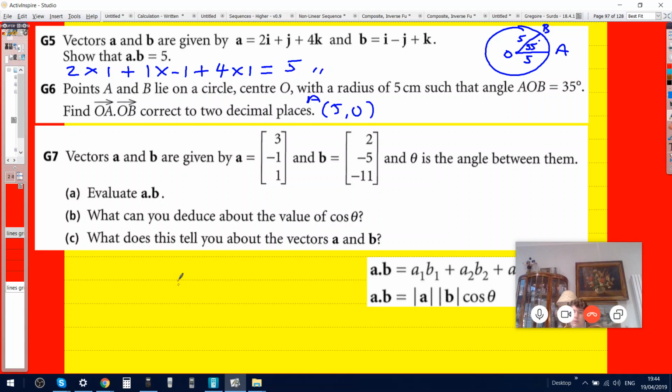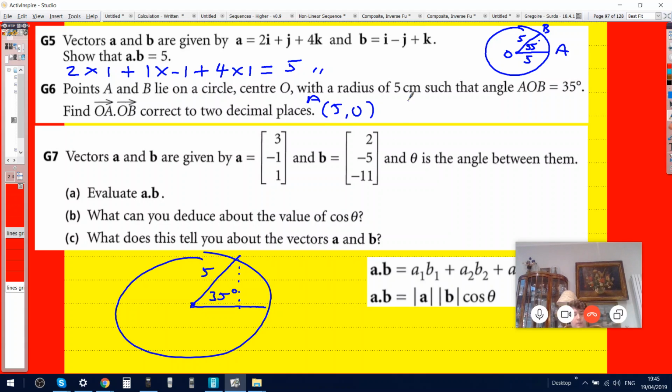So we just need its height and its x. Is there some way to find out how high up it is, using SOH CAH TOA? Yeah, that's what I was thinking. So you can use sine 35, so 5 sine 35.